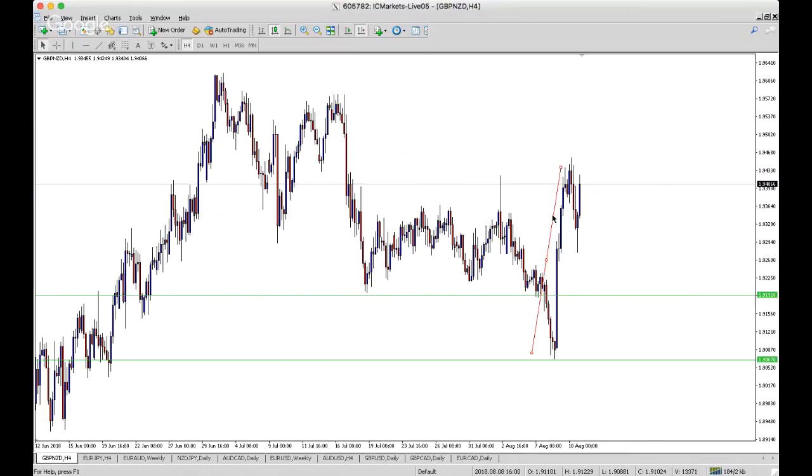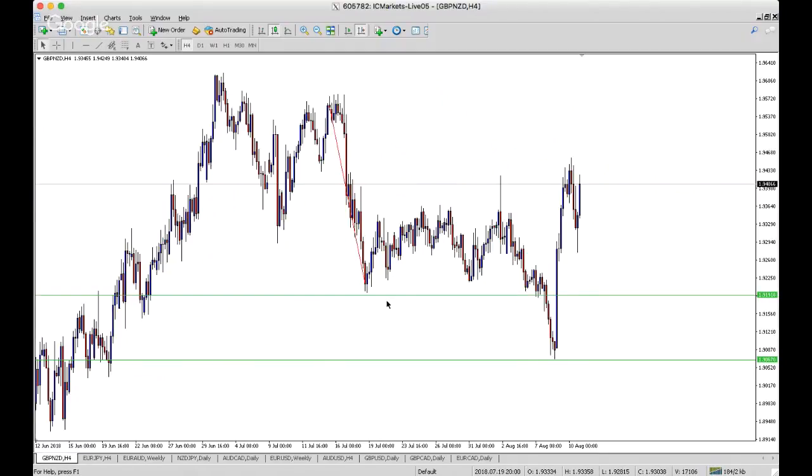This is happening because of the big players. There is someone out here with a lot of money that pushed this market up. So there is a big player around here, and we want to wait for it to retest around this level for us to re-enter into a buy setup, because there is an impulse wave going up. Initially, I took a sell because the impulse wave was going down.